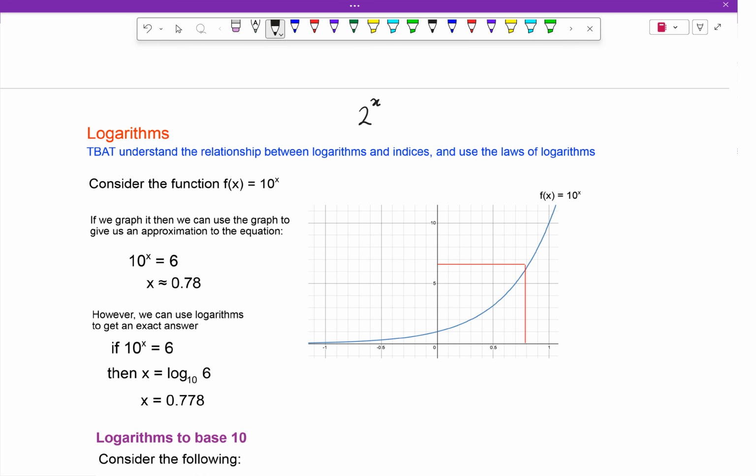If we have log base 5 of 125, it's because 125 is the same as 5 to the power of 3. So because these two are the same, they both cancel out and that results in 3.